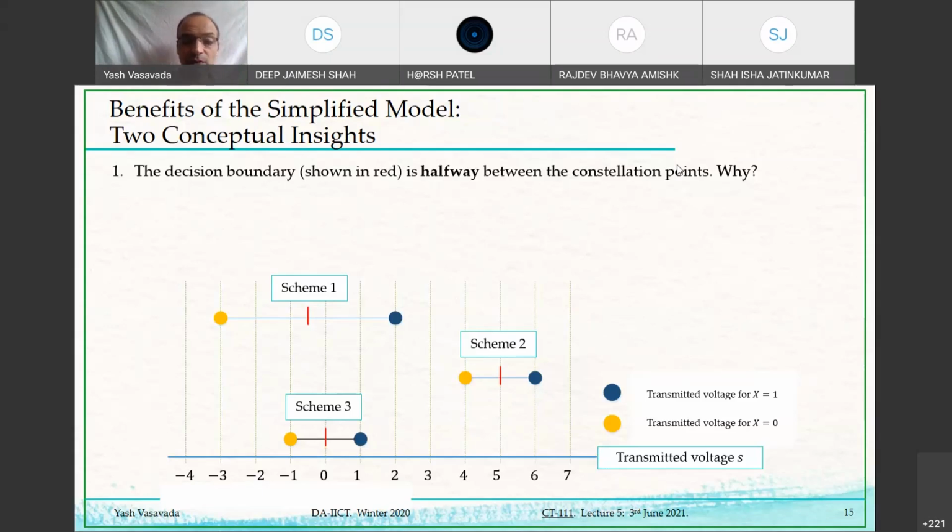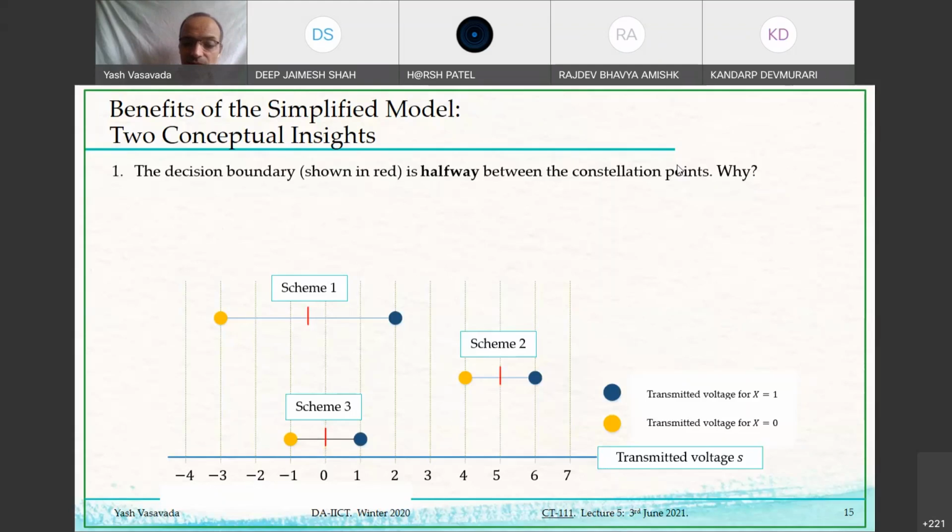What about the performance of the schemes? Can anybody say anything about that? Scheme 1 might have the best performance among the three. Yes.